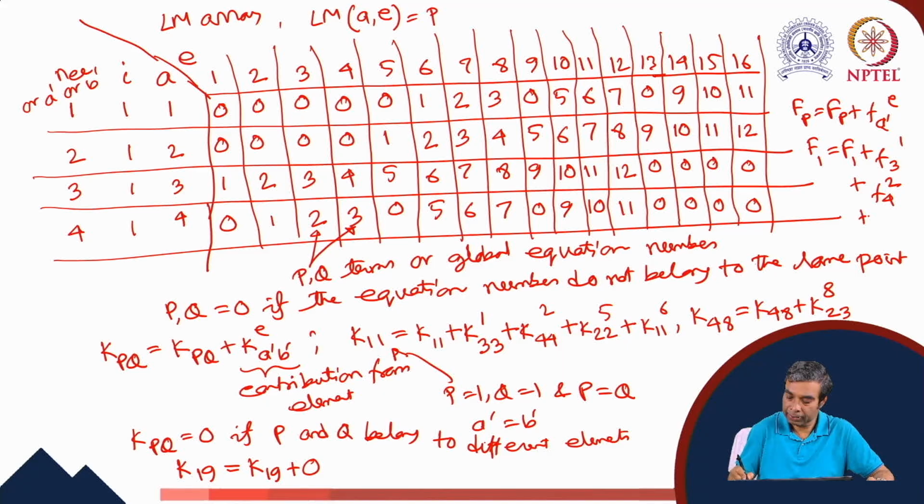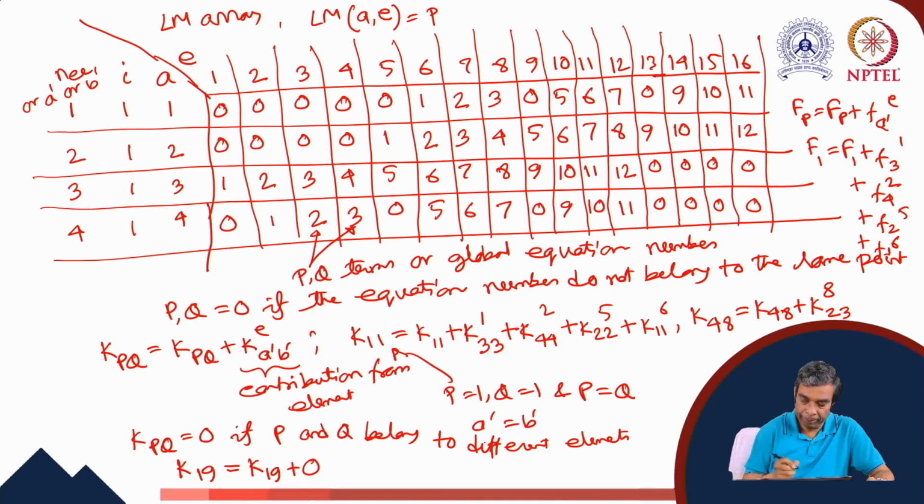F42 plus, we again search. 1 is not present in elements 3 and 4. It is then present in element 5. So this will be F25. And then it has another contribution from the 6th element. So it is F16.